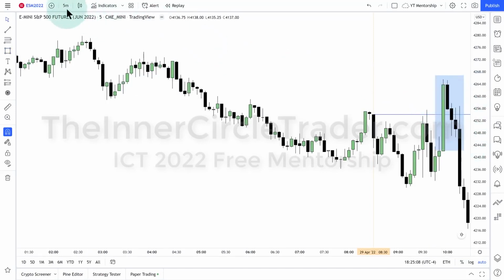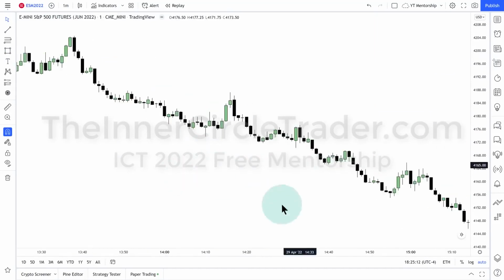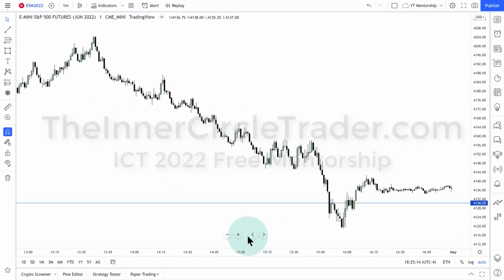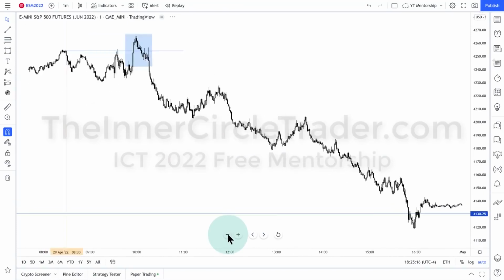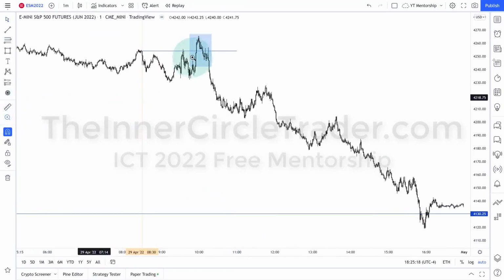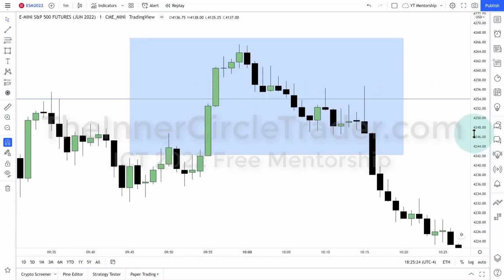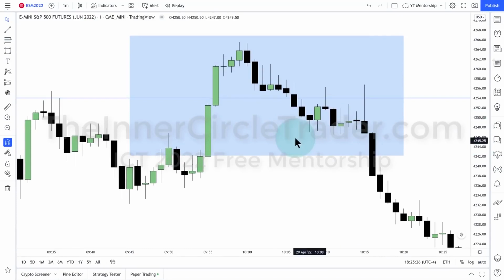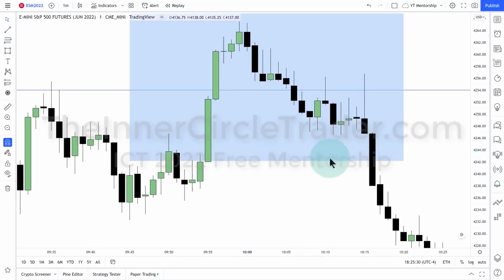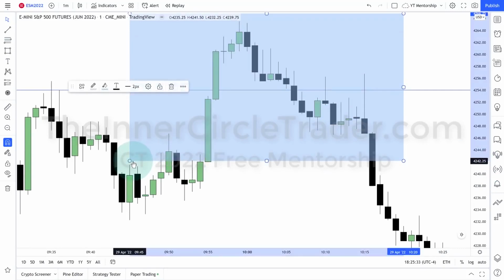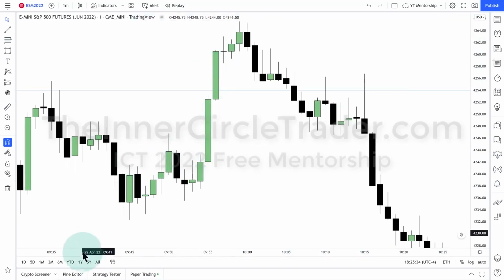All right, let's drop down into, I'm just going to go right to the 1-minute chart just to save time. All right, so we have this area where the market ran above those relative equal highs.